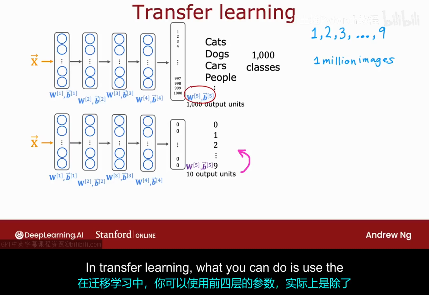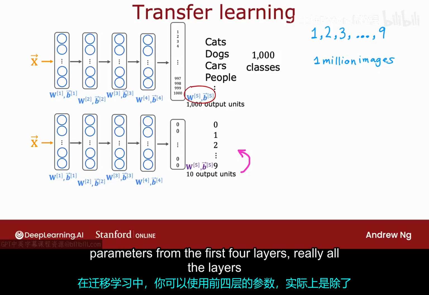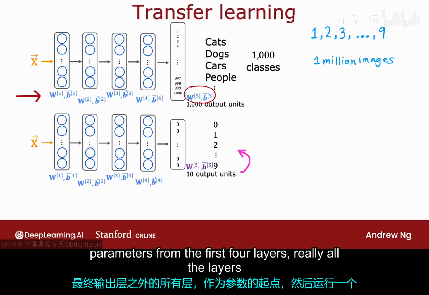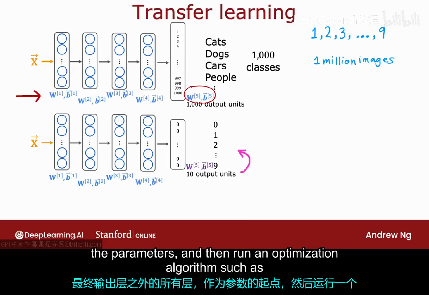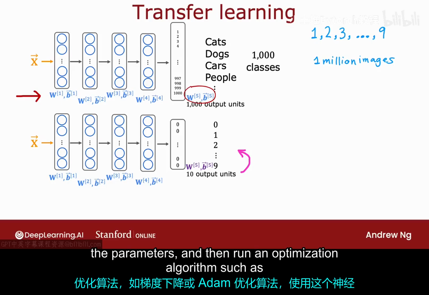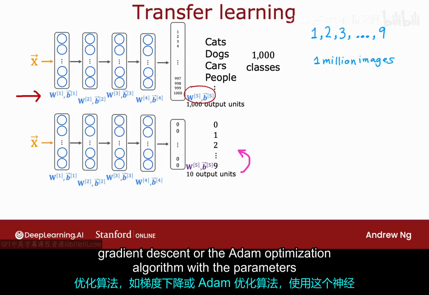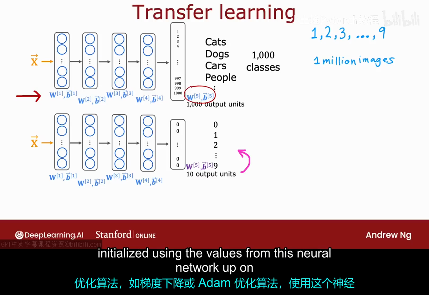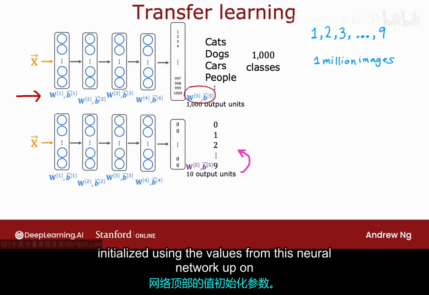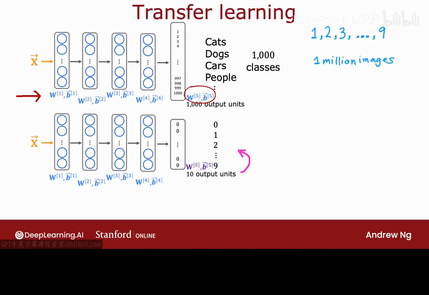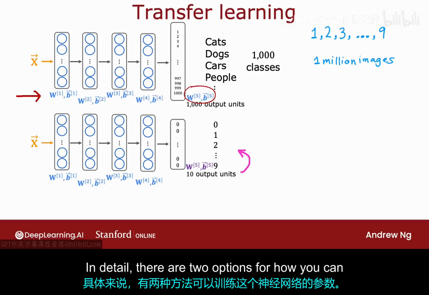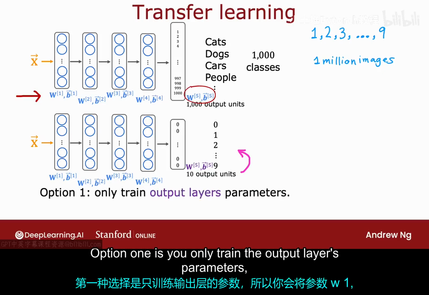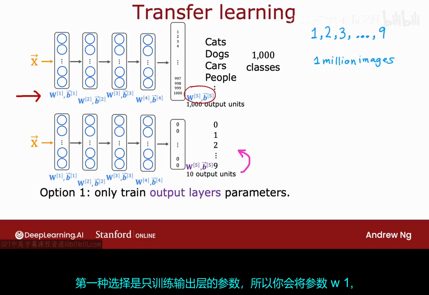And in transfer learning, what you can do is use the parameters from the first 4 layers, really all the layers except the final output layer, as a starting point for the parameters, and then run an optimization algorithm such as gradient descent or the Adam optimization algorithm with the parameters initialized using the values from this neural network up on top. So in detail, there are 2 options for how you can train this neural network's parameters. Option 1 is you only train the output layer's parameters.